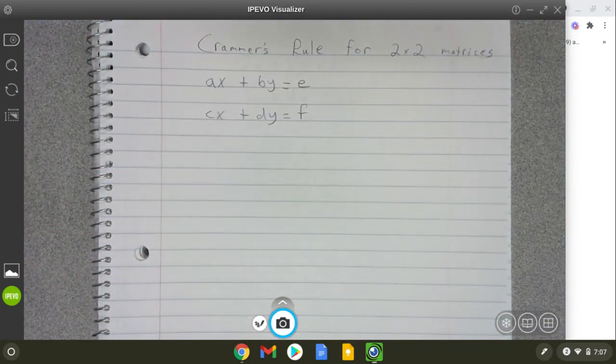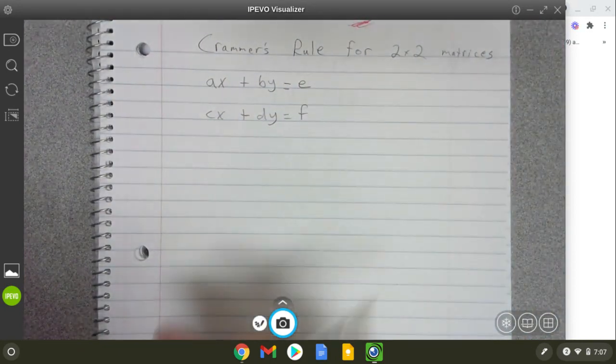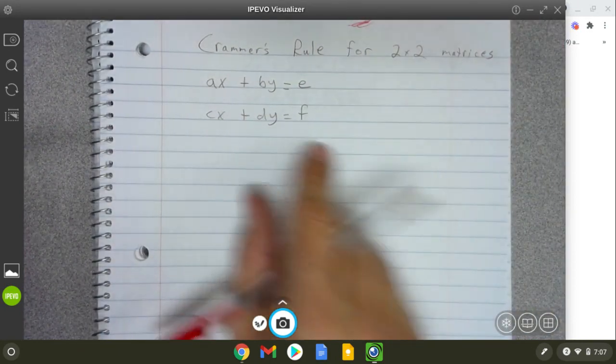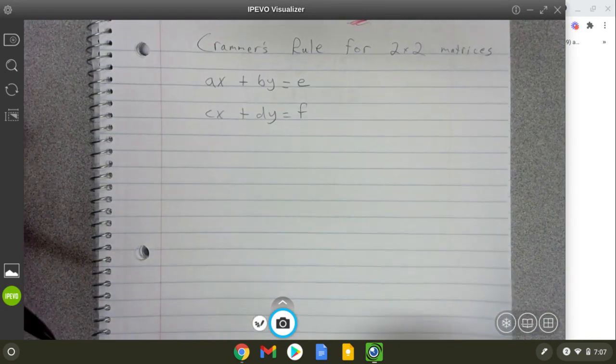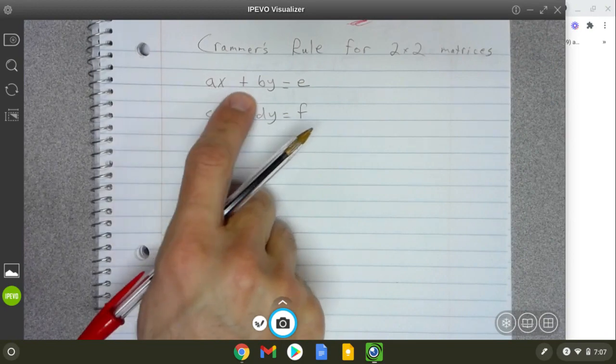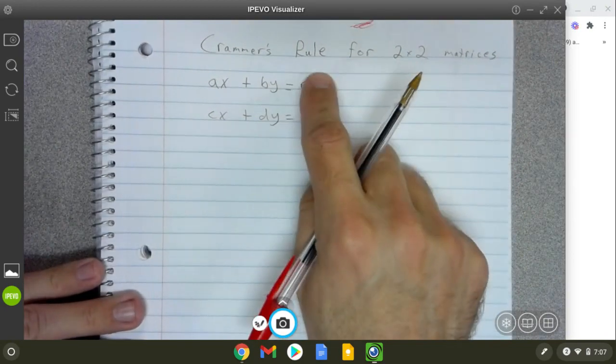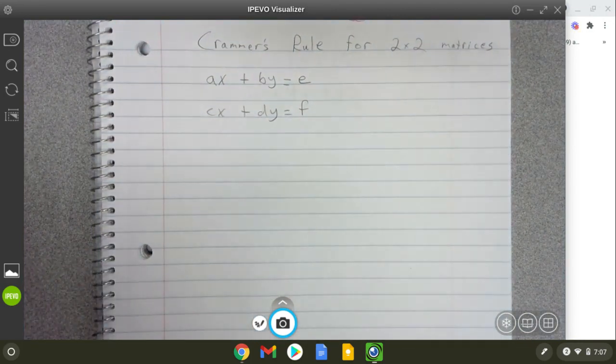So what I'm going to do is solve this system of equations, and this is actually going to apply to every system of equations where it's written in standard form, some number times x plus or minus some number times y. And remember, these numbers over here don't really matter too much.